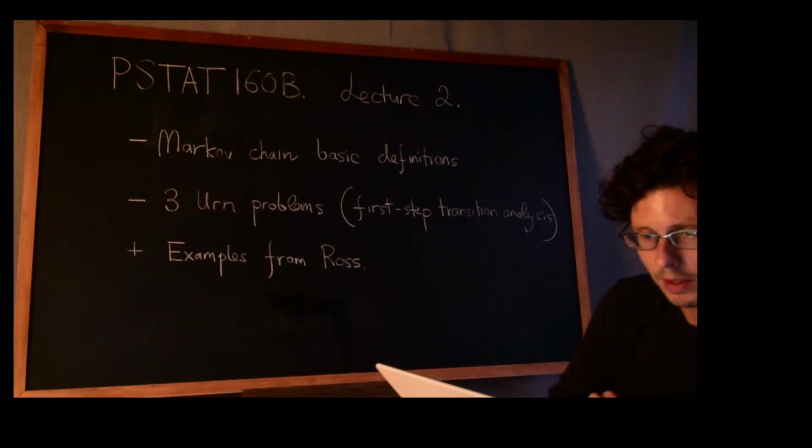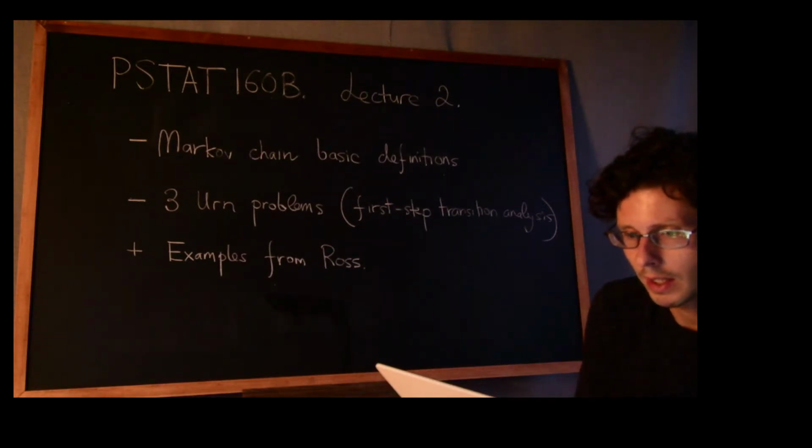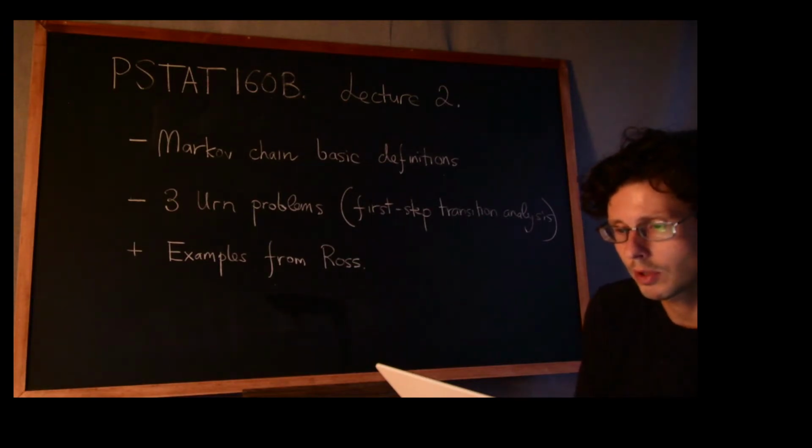So in this lecture we're going to look at 3 worked problems, and that should definitely set you on your way to finishing up homework 1. We're going to look at what we already introduced as the first step transition analysis, right?